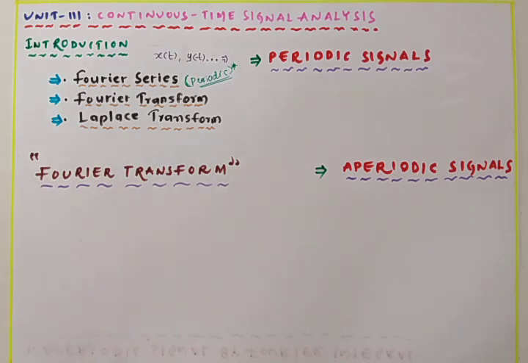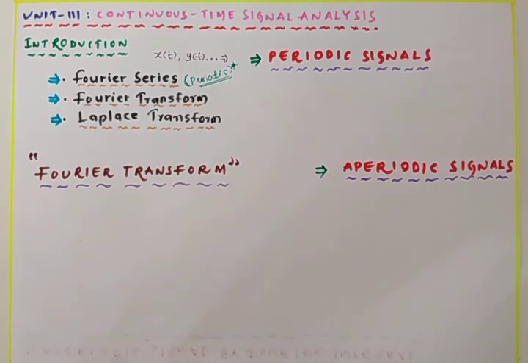In the second unit, we discussed the Fourier series. Fourier series is an infinite sum of trigonometric functions used to model periodic signals. And we know that the Fourier series is applicable only to periodic signals, that is, signals which repeat periodically over the interval minus infinity to plus infinity. But not all periodic signals can be represented by the Fourier series.